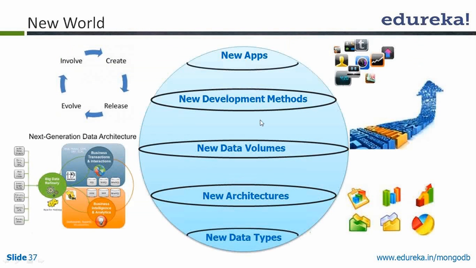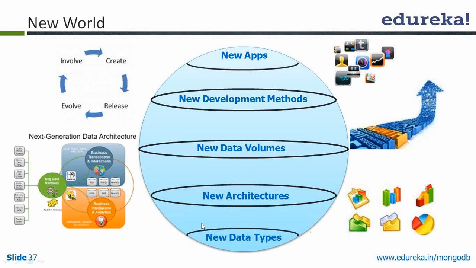Now, let's understand about this slide. So what's happening nowadays? We can see here new kinds of applications are coming. Different kinds of requirements, different kinds of applications, and different methodologies are followed by different groups of people. Also different kinds of data are getting generated, and the rate of generation of data is very huge.